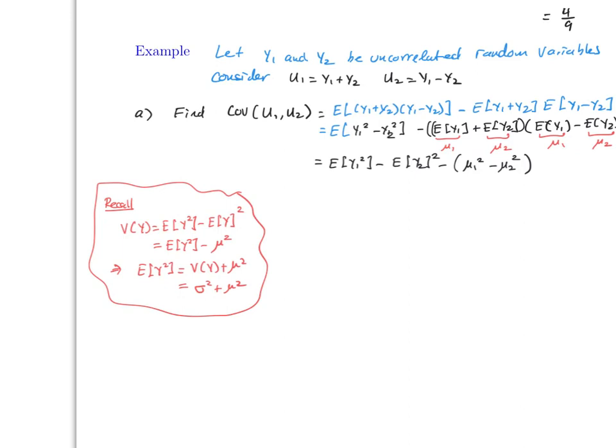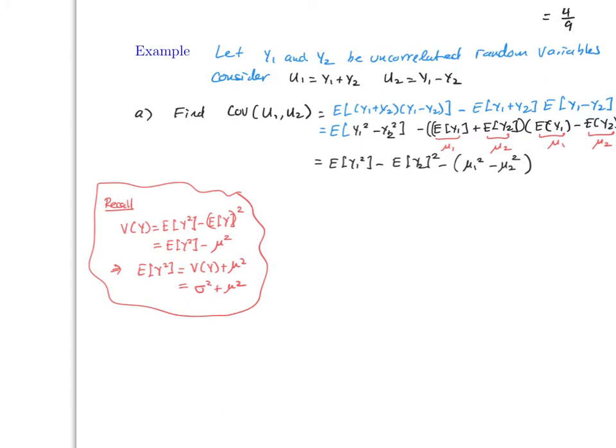Now recall that by definition the variance is equal to the expected value of y squared minus the expected value of y, squared, or you can say just the expected value of y squared minus mu squared. If you solve for this one, it's the same thing as saying that the expected value of y squared is equal to the variance plus mu squared. But remember, the variance is just sigma squared.